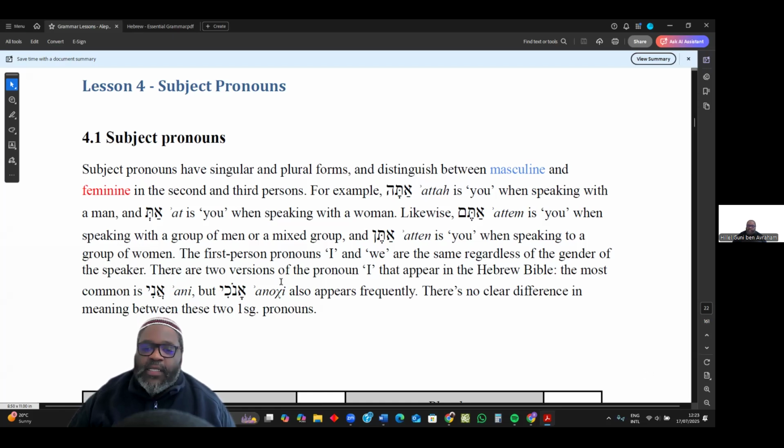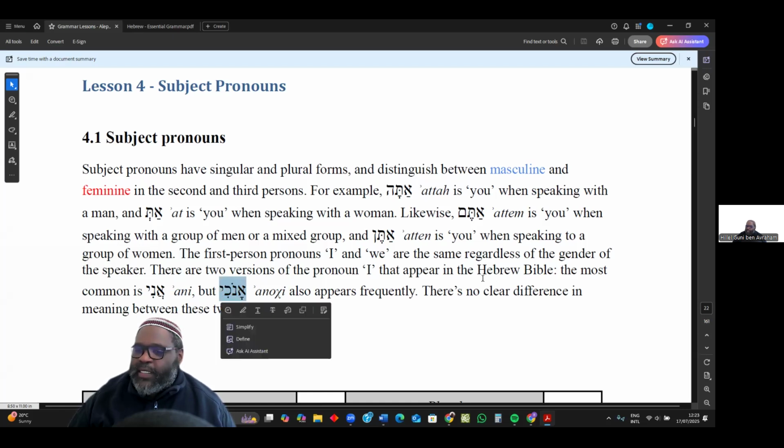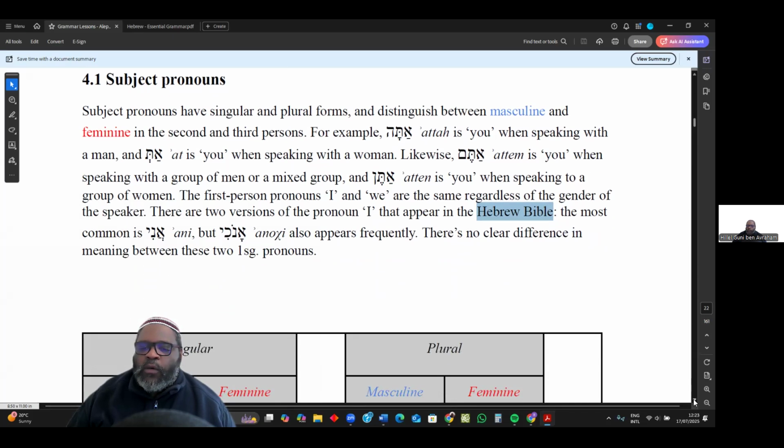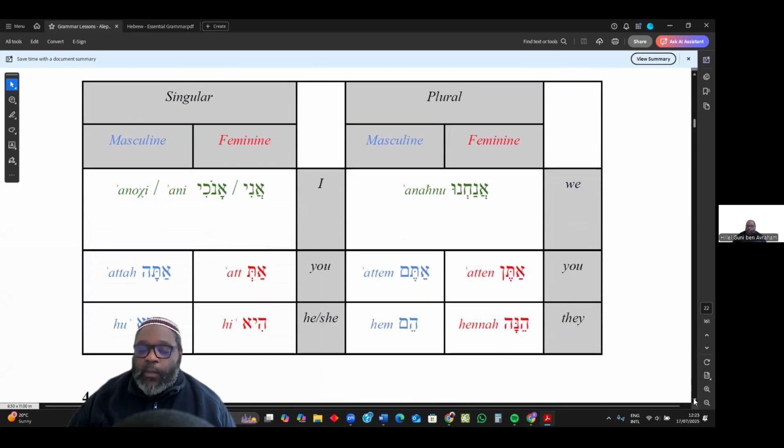You're not going to see this one a lot in modern Hebrew, but it's all over the Bible, as it says here that it's very common in biblical Hebrew, which is what we are mostly concerned with, so that we can read the Bible, even though we are going to go into modern Hebrew a little bit today as well.